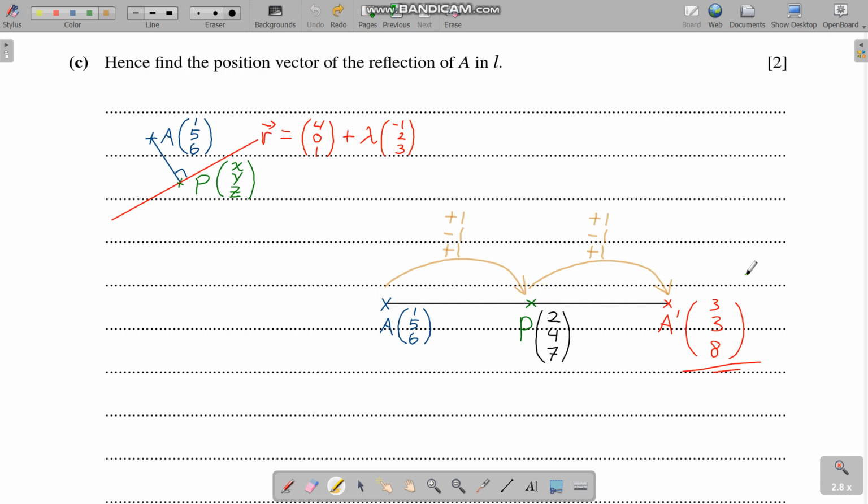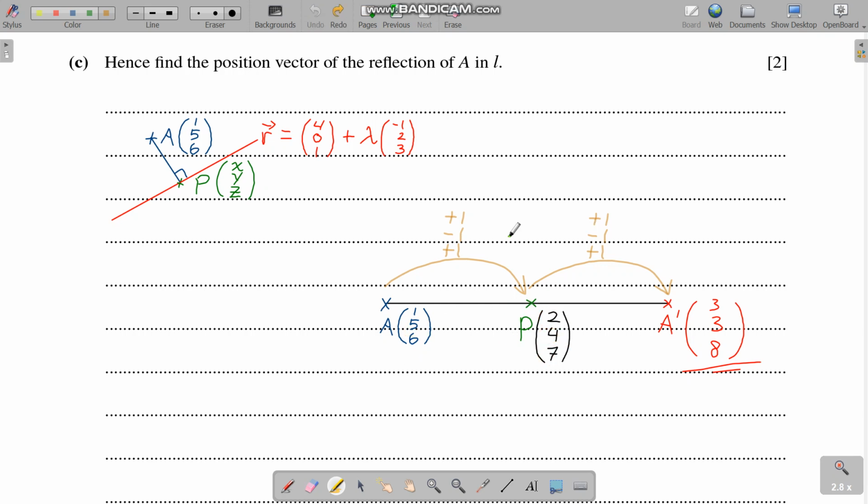So just look at the pattern. As you go from A to P, what is the pattern? What is the vector AP? From 1 to 2, that's plus 1. From 5 to 4, that's minus 1. From 6 to 7, that's plus 1. This is the vector AP. Or you can just subtract: 2 minus 1, 4 minus 5, 7 minus 6.